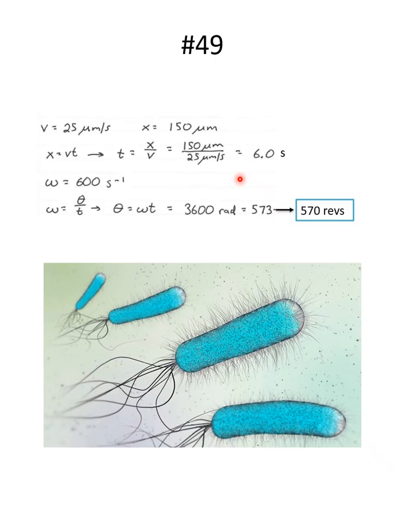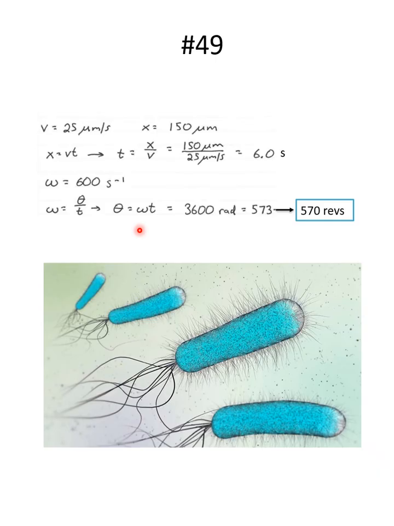And we are given that it turns at about 600 radians per second. So omega is theta divided by t, and therefore theta is omega t. You could have also gotten this from the kinematic equation that theta is theta naught, which goes to 0, plus omega naught t plus 1/2 acceleration times t squared, and that part goes to 0, and we're left just with the middle term of omega times t.